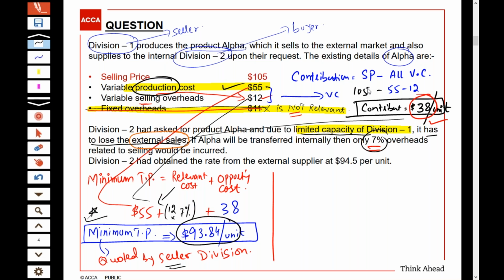Now next. Next is written here. Division 2 has obtained a rate from an external supplier, 94.5. Now what is 94.5?